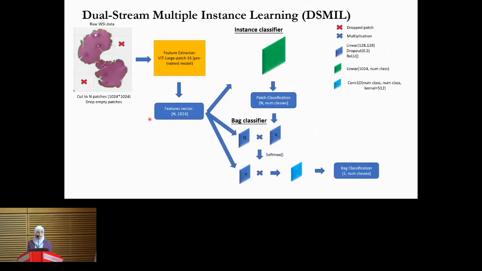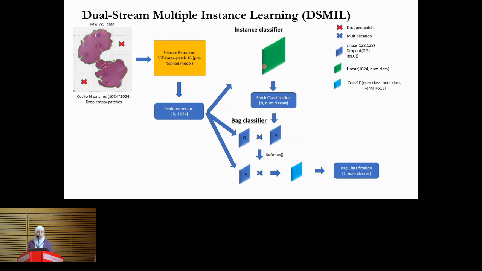Another approach is called dual-stream multiple instance learning, DSMIL, and this method has two streams, one for classifying the instance, so the small patch or subregion of the image, and the bag classifier. The bag here is the patches in the entire image from the patient.